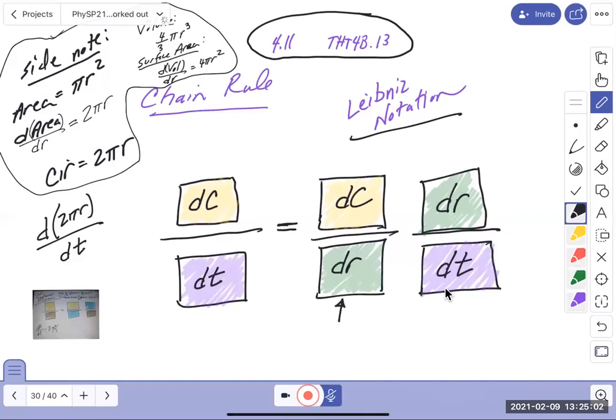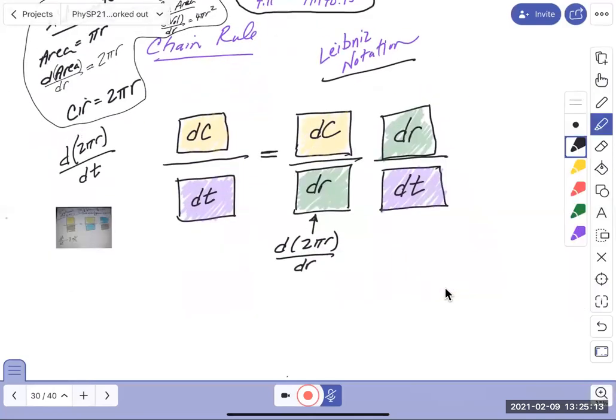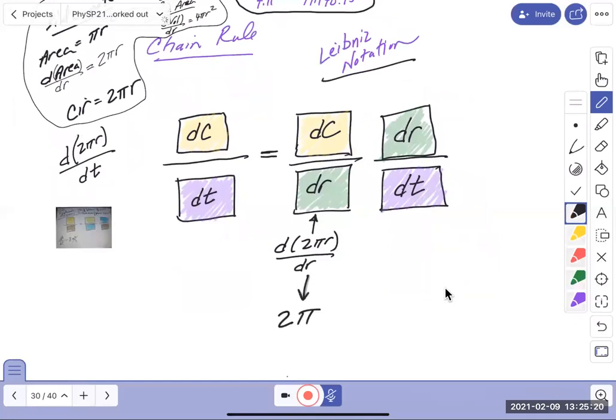This is simply the derivative of 2 pi r with respect to r, and that is simply 2 pi, because the r is to the first power, you bring it down. Now dr/dt, what the heck is that? Well, that's simply the velocity, because it's the changing radius with time. That's simply the velocity of the ants.